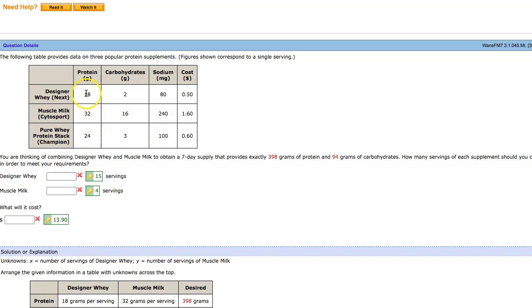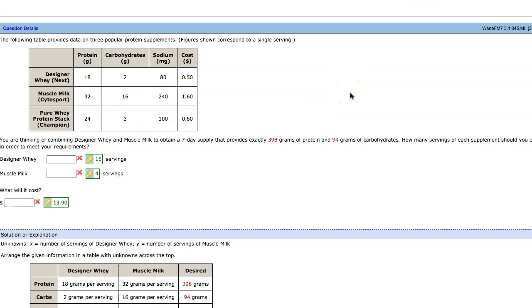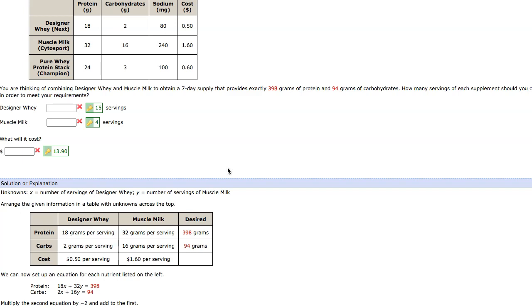Well, we just did 18x plus 32y, and that would have equaled the 398 that they wanted for the protein. Then we'd have done 2x plus 16y, and that equals 94 for the carbohydrate. And then there's your two equations, and then you'd find your protein and carb.